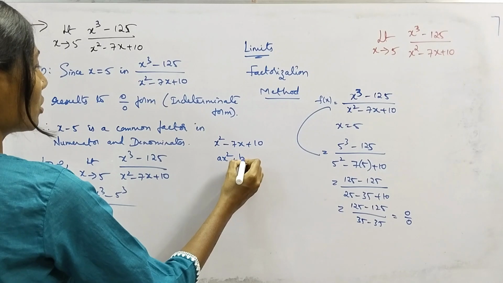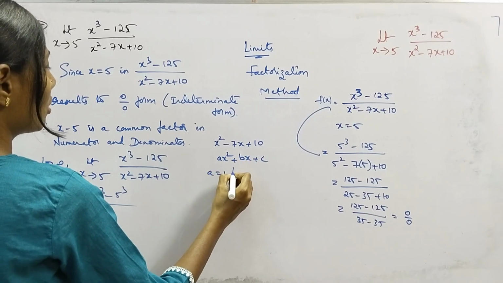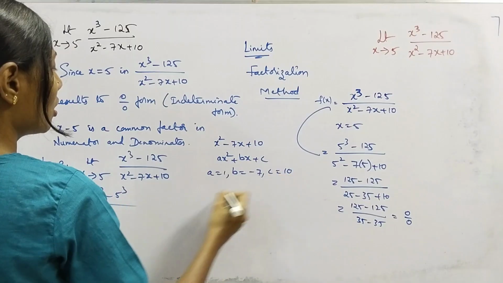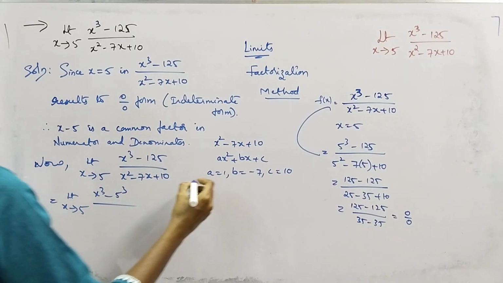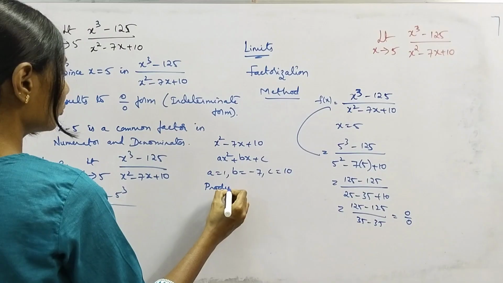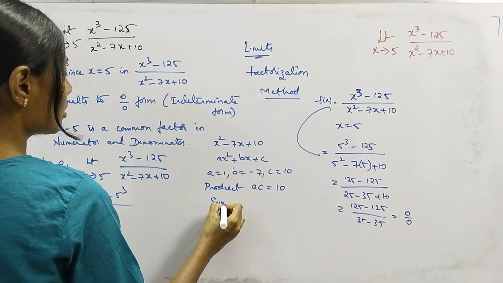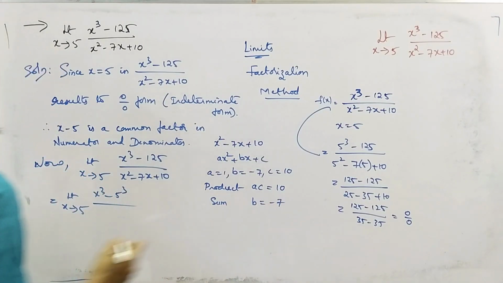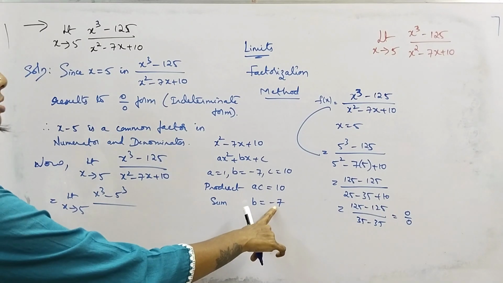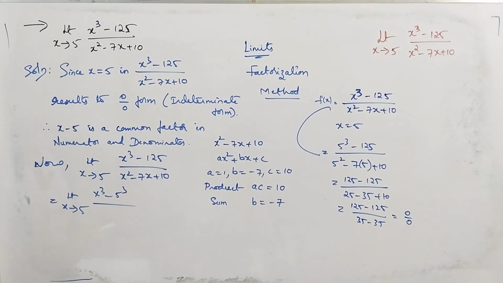Compare this with ax square plus bx plus c. You'll get a equal to 1, b equal to minus 7, c equal to 10. We need to find two numbers such that their product must be AC, 1 into 10 is 10, and their sum must be minus 7. 2 fives are 10, and 2 plus 5 is 7, but here we have minus, so let's take minus 2 and minus 5.